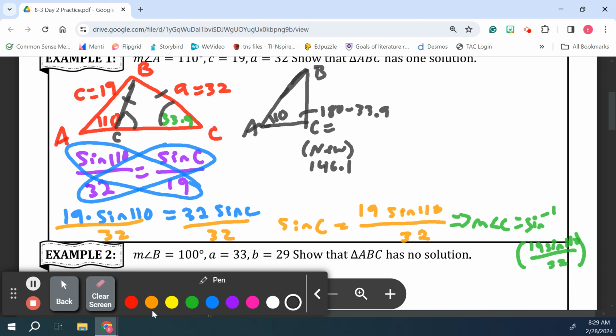Okay, now we need to find this new angle B. Remember, we have a triangle, so it's going to be 180 minus the 110 minus the 146.1. What's that going to be?